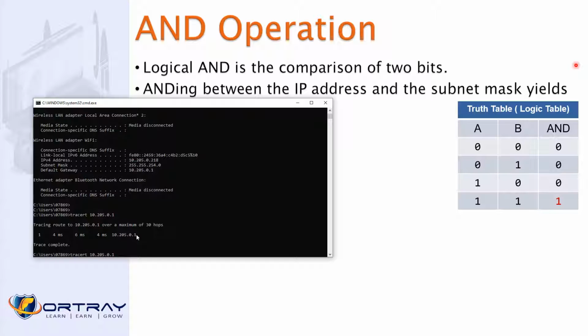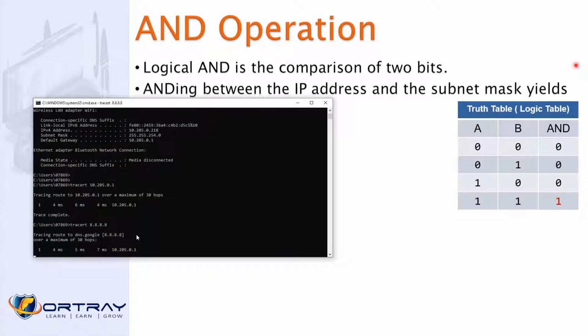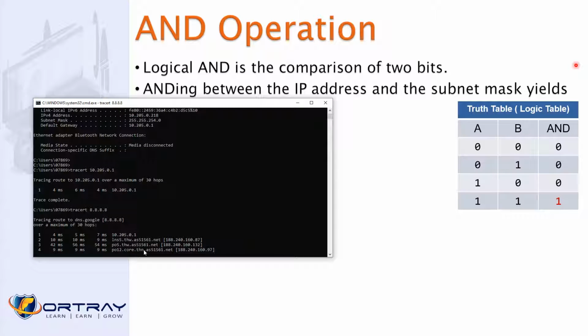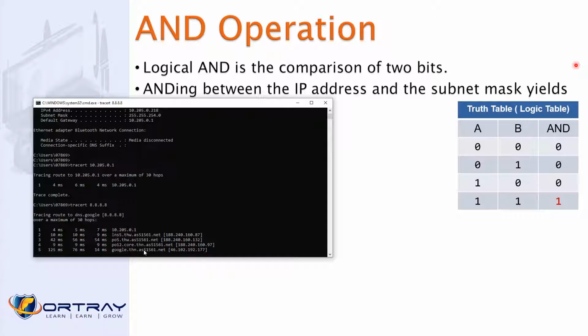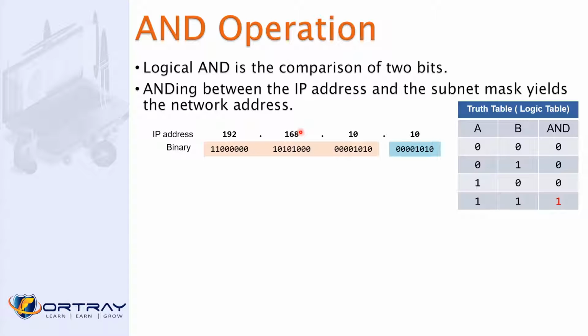When I trace route to a remote address, what happened now? Now the computer understands it is a remote network. It does not exist in my network. How can the computer understand that? By taking the IP address of the remote machine and the subnet mask and then doing the AND operation.